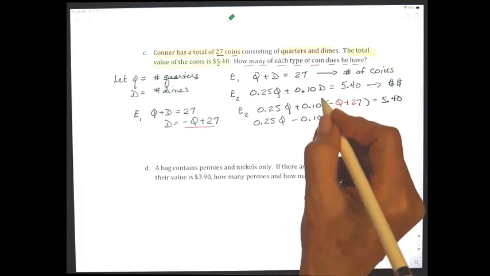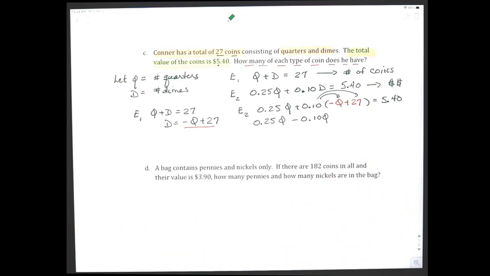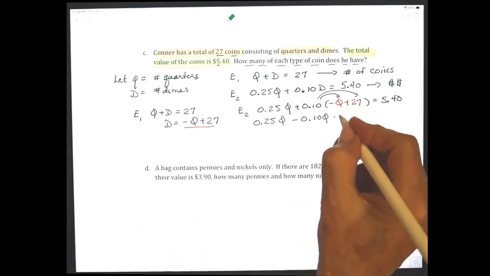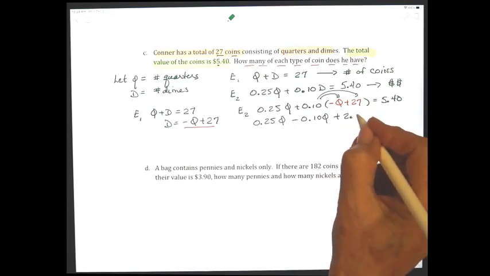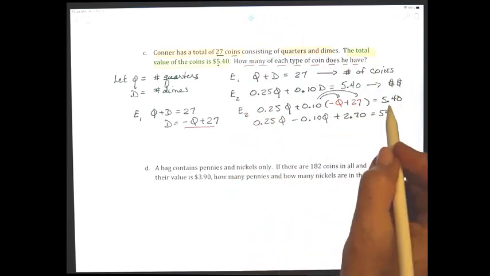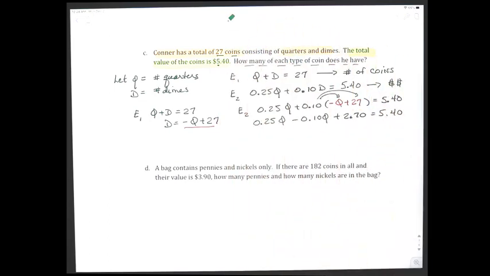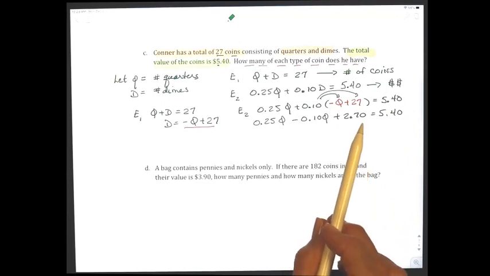And I'm distributing here over the parentheses. And when I multiply 27 times 0.10, I'm going to get 2.7.